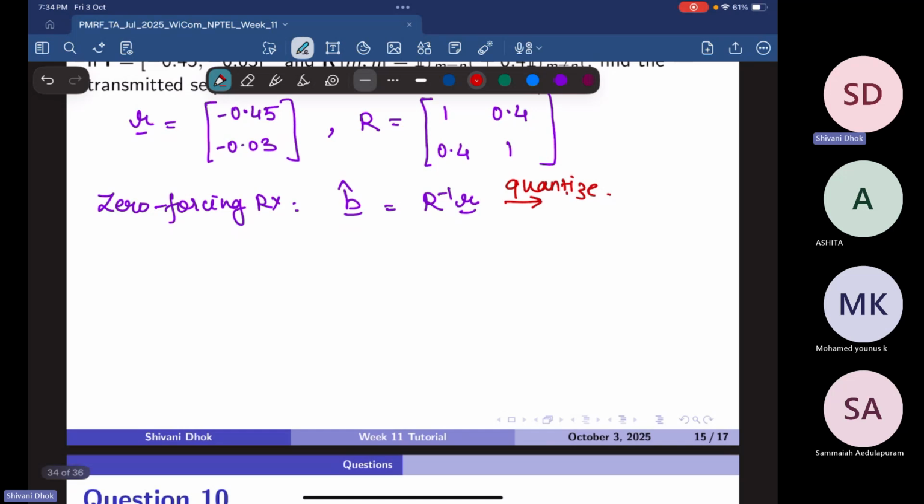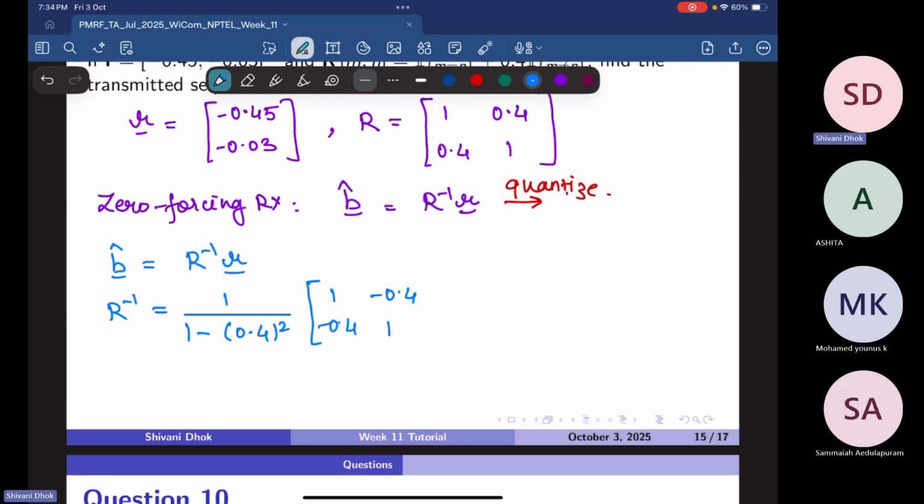So now let us find out your B hat. Your B hat is nothing but R inverse into R. Your R is given like this, and then your R inverse will be given by, it is a 2 cross 2 matrix, you can easily find the inverse. It is 1 over the determinant, that is 1 minus 0.4 square, into 1 -0.4 -0.4 1.